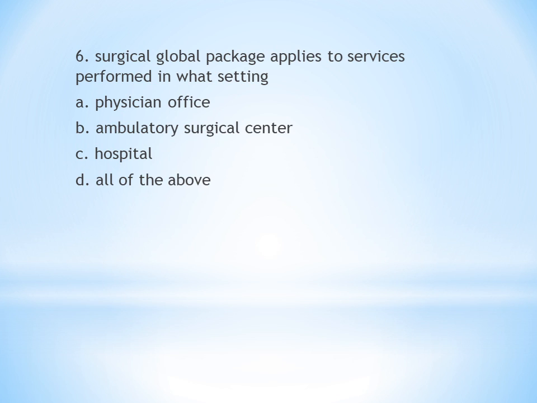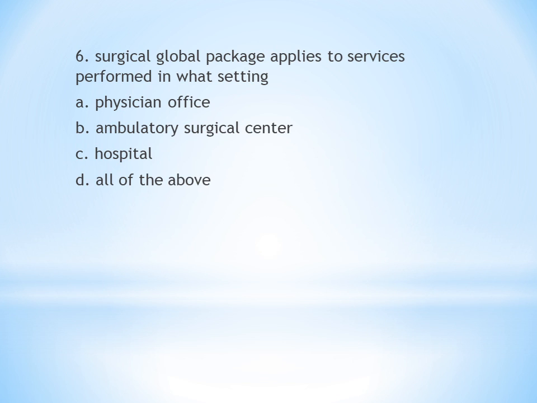Surgical Global Package applies to services performed in what setting? What is a Surgical Global Package? It is a single payment for all care associated with a single procedure. A. Physician office. B. Ambulatory surgical center.